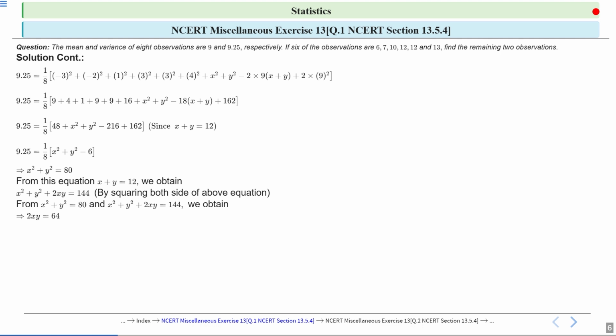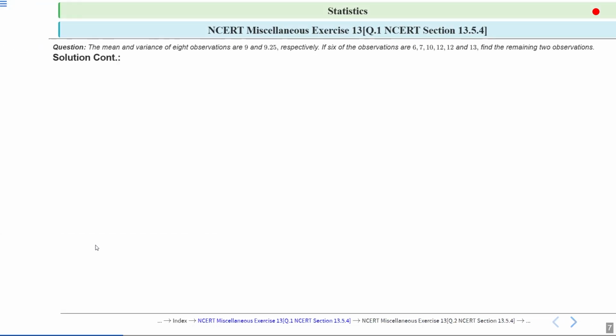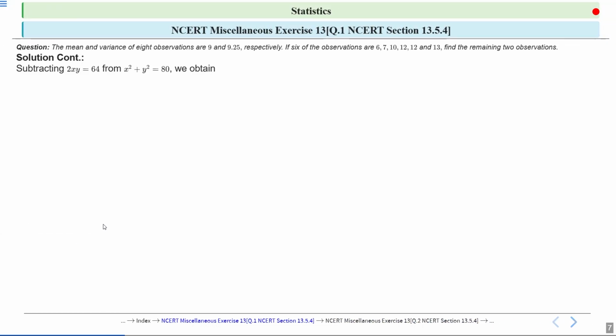So subtracting x square plus y square equal to 80 from x square plus y square plus 2xy equal to 144, we get 2xy equal to 144 minus 80, which is 64. Now subtracting 2xy from x square plus y square gives x square plus y square minus 2xy equal to 80 minus 64, which is 16.